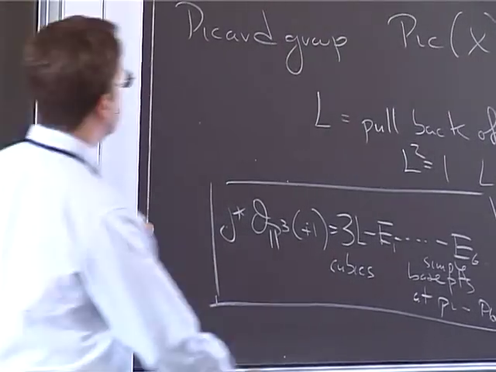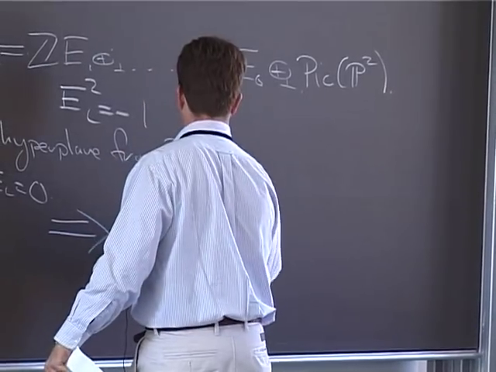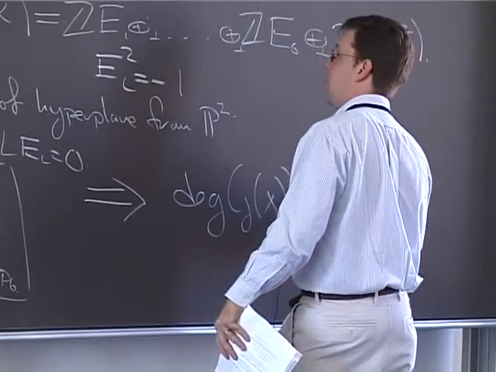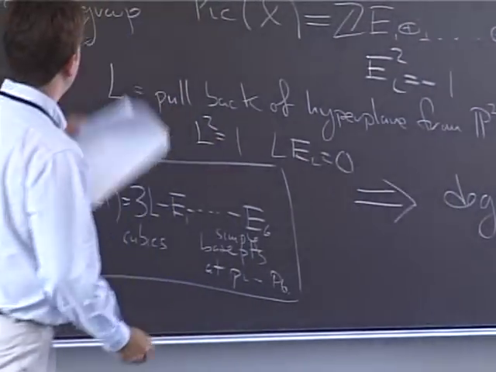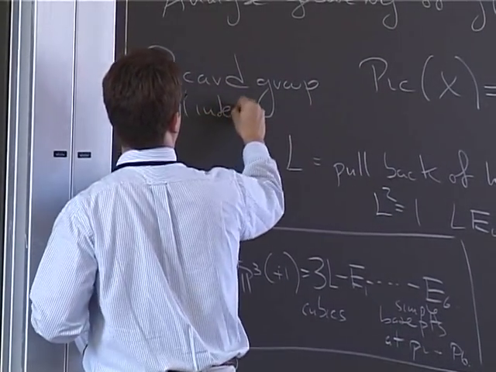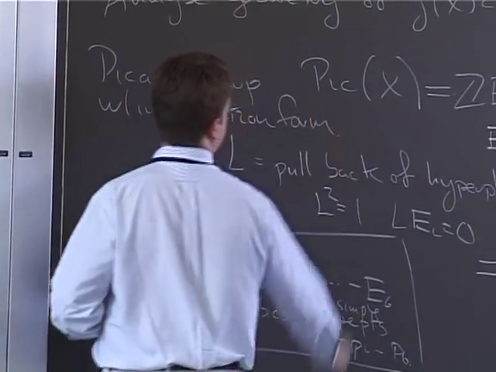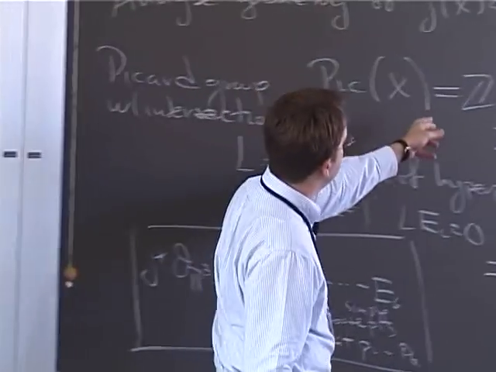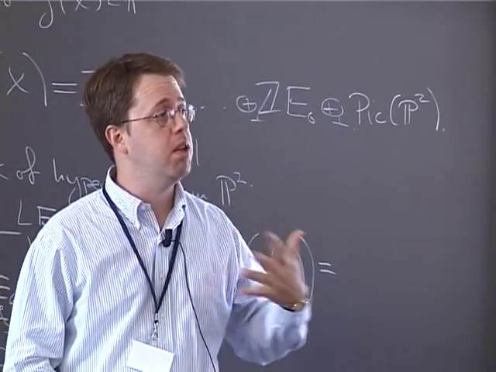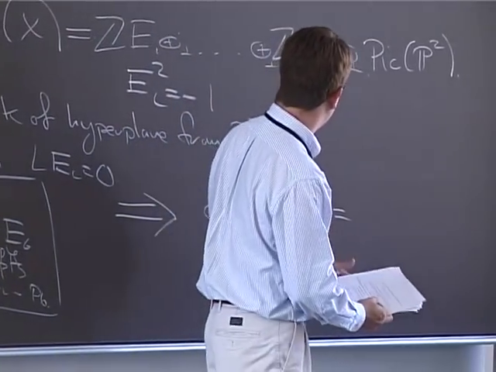So in particular, the degree of the image: well, the Picard group always comes with an intersection form. And so here I mean the orthogonal direct sum with respect to the intersection form. Since this is the intersection form, I can compute the degree of the image of the map by using simple intersection theory.